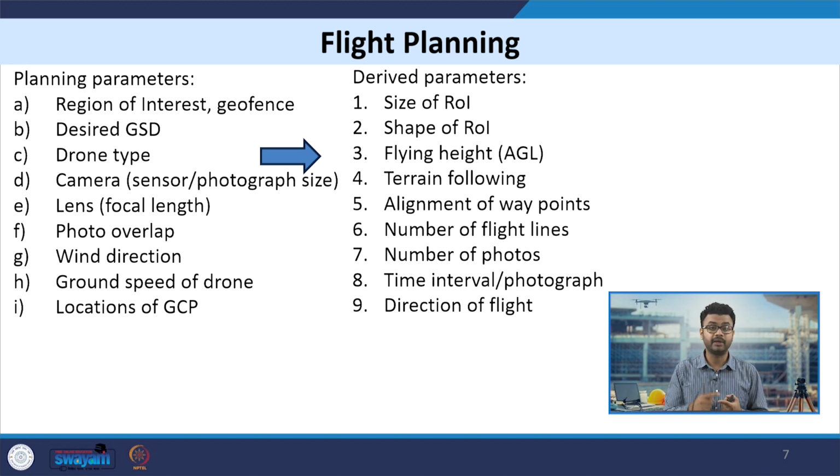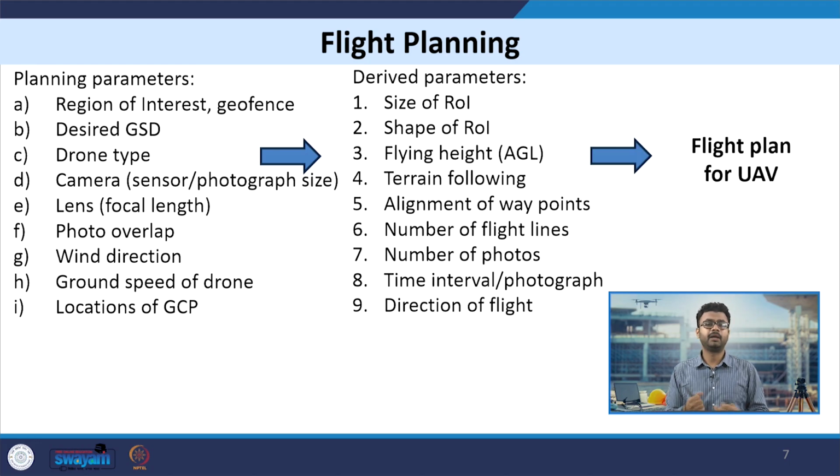What is the number of flight lines? What is the number of photographs taken per flight line? And what is the time interval per photograph? In addition to this, what is the direction in which the flight should be situated, keeping in mind the wind direction? And by calculating all these, we get the flight plan for the UAV.